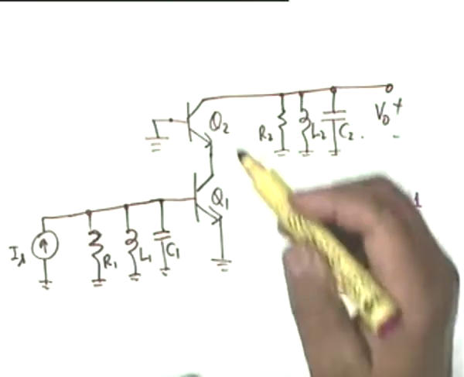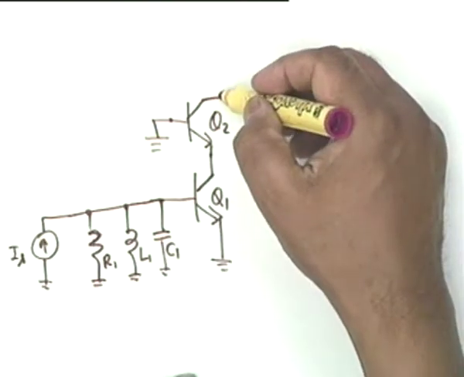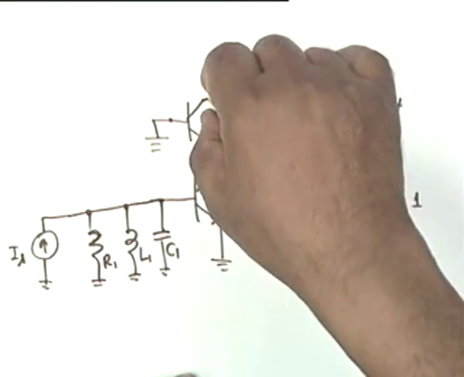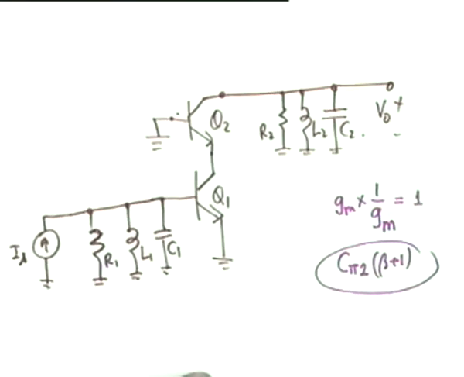Okay. The other thing is, what about the C mu of Q2? Well, as you see, C mu 2 is from the collector to the base, and therefore it simply adds to C2 in parallel. Agree?